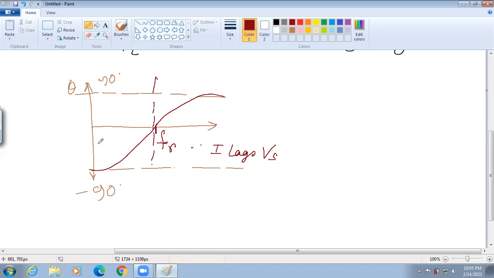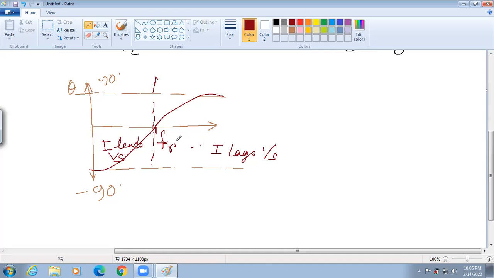So here I leads Vs. Okay, so this is the point. From this picture you can remember this; just memorize this graph.